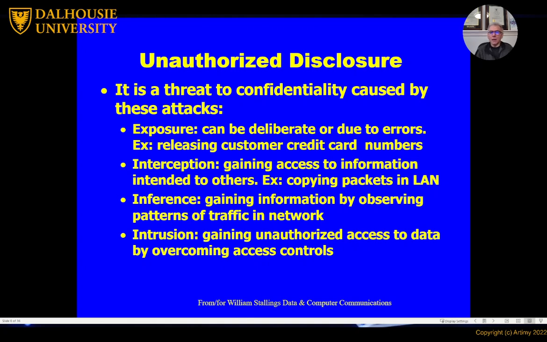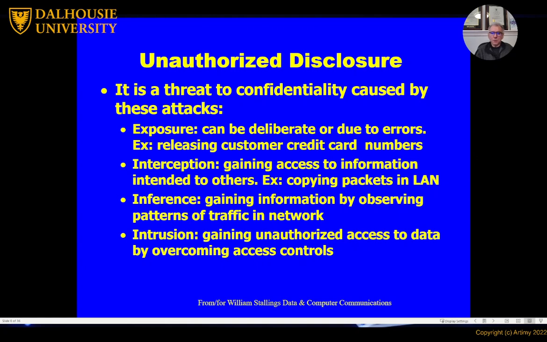Or a large amount of data is sent from an organization to a data center every week on Saturday at 3 in the morning. So I may infer that there is a huge backup going on. What does that mean? I may interfere with this backup, or I may plan to copy that backup at some point.